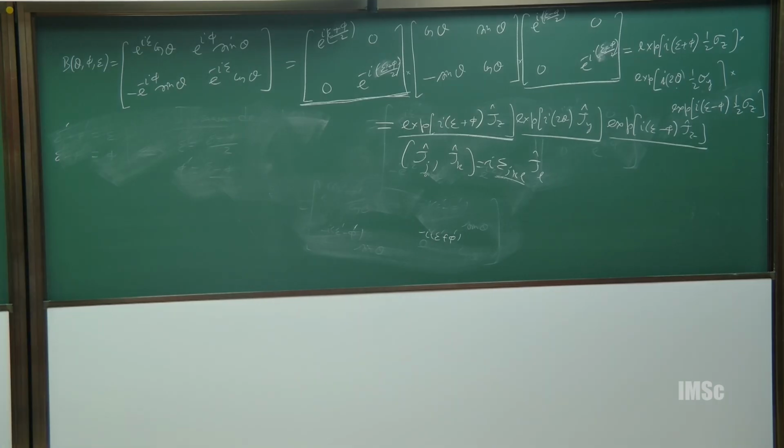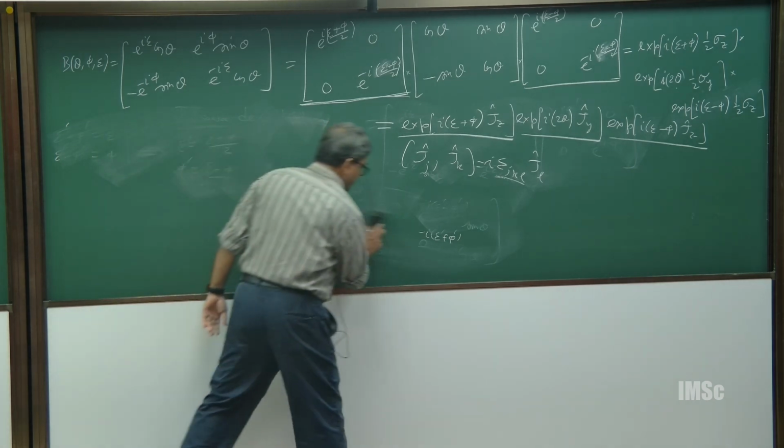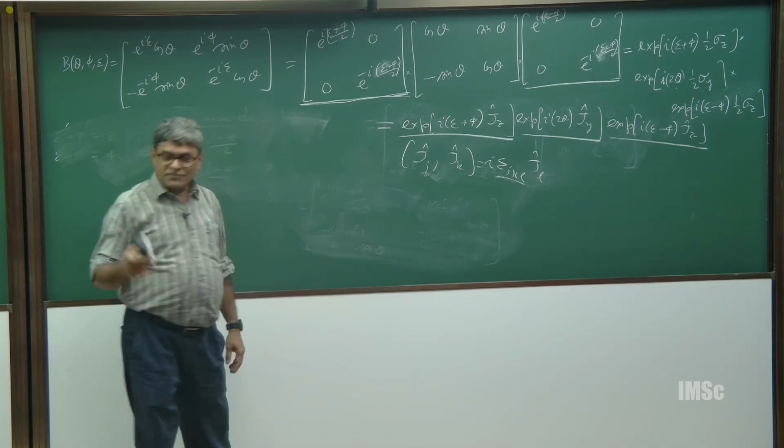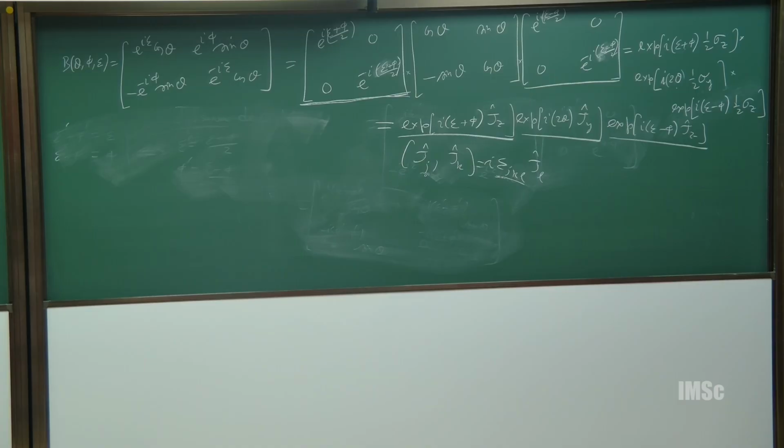So even when you are lifting the dimension, the group homomorphism structure still holds. Yes, the representation theory means that. You can look at any book on representation theory; it will be there.